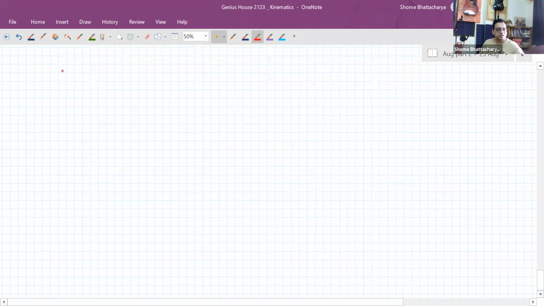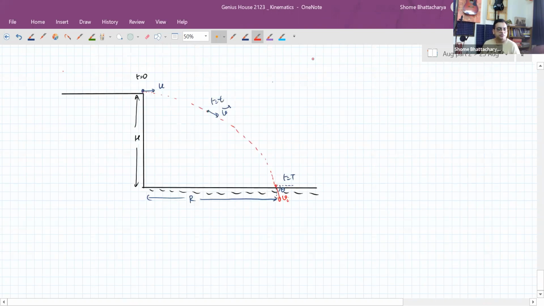But in this case, from t equal to 0, it starts descending. So the convenient choice of axes is like this. We can take the point of projection again as our origin, which generally helps. The direction of the horizontal velocity is our x-axis, and the direction of gravity is now our y-axis.